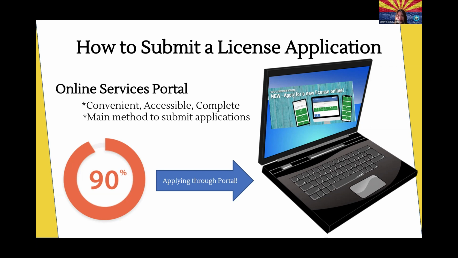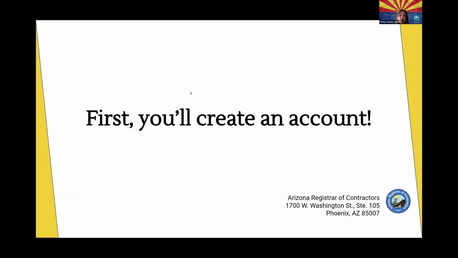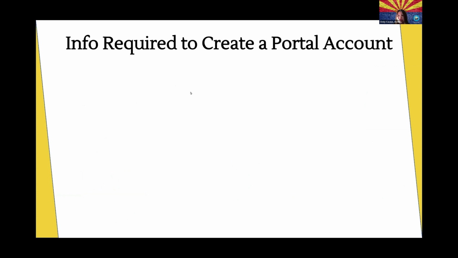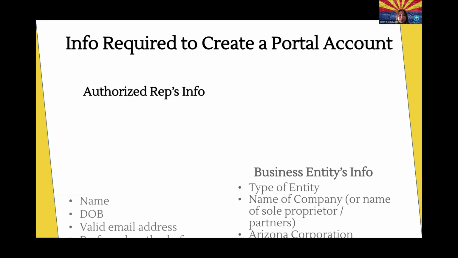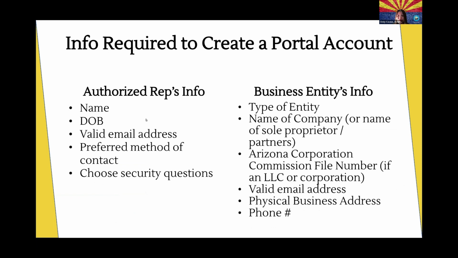So if you haven't already visited our website and set up your portal account, we'll talk a little bit about that. So first you'll need to create an account. And the information required to create your portal account includes your authorized rep's info, name, date of birth, valid email address. This is something you'll hear us say a few times today as well.